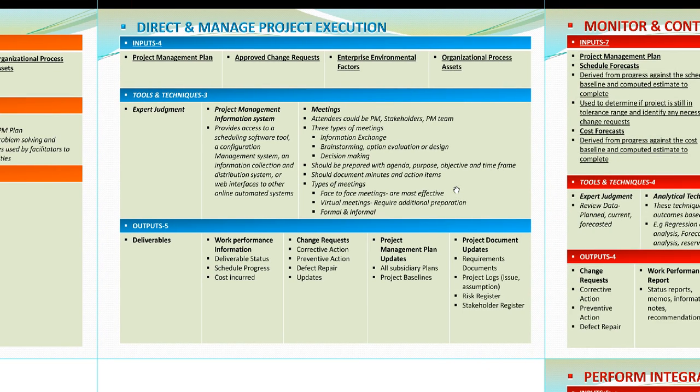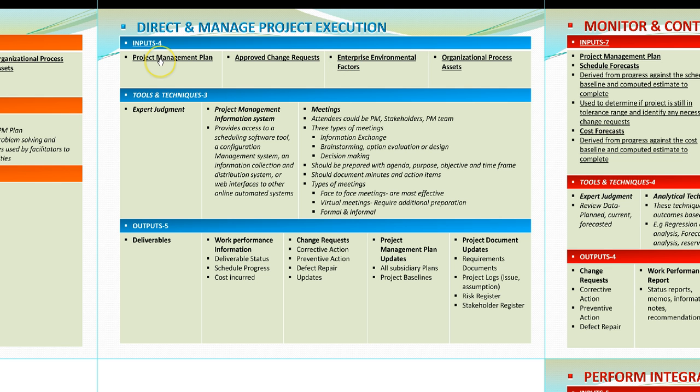When I go more to the right, the next process is direct and manage project execution. How are we going to manage our whole project? What tools are we going to use to manage the whole project? What are the outputs of managing the whole project? How are we going to report the performance? What are we going to need to manage the project?